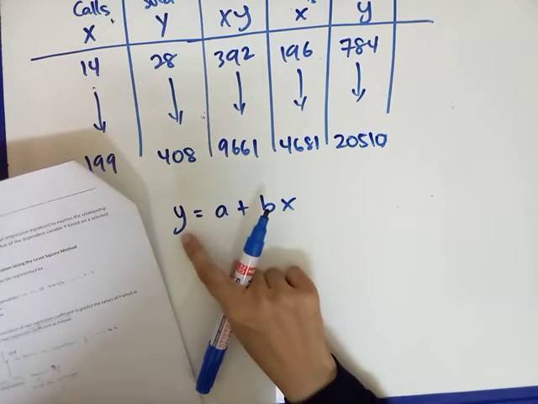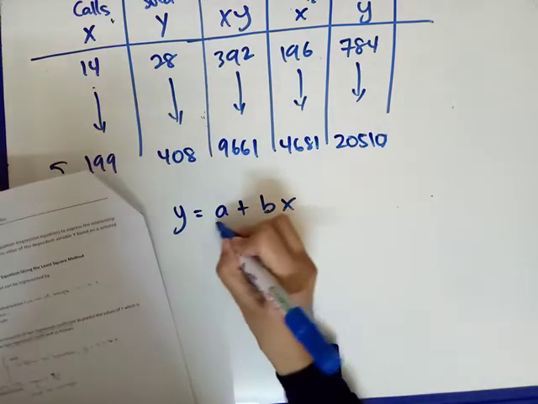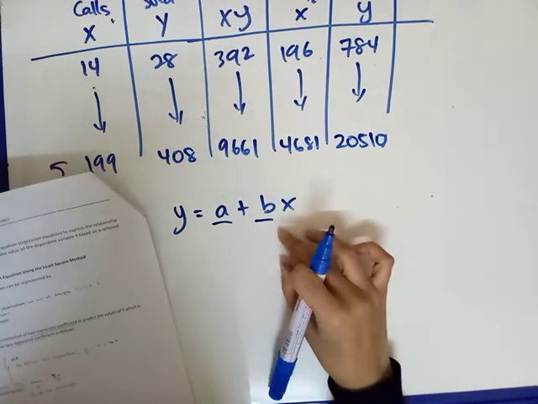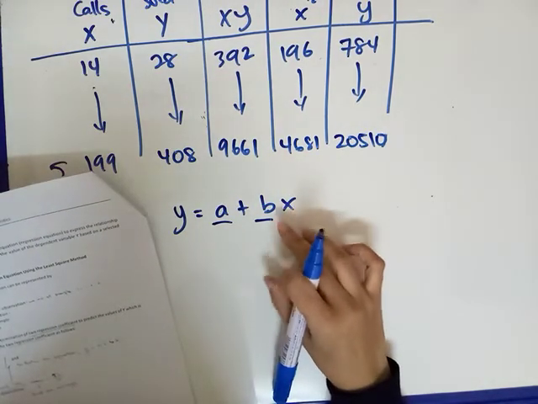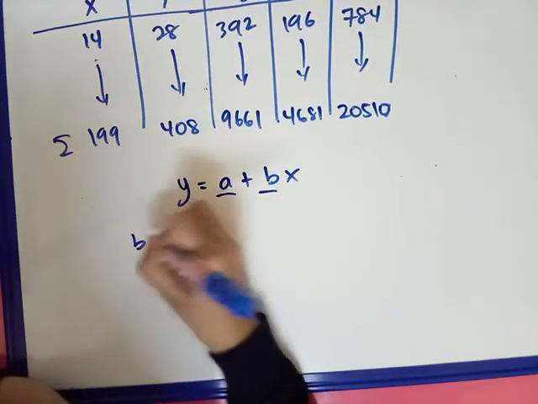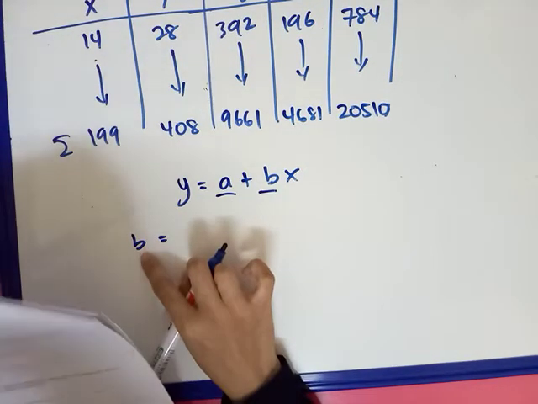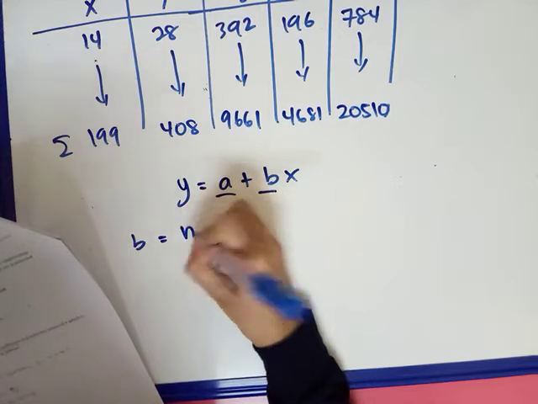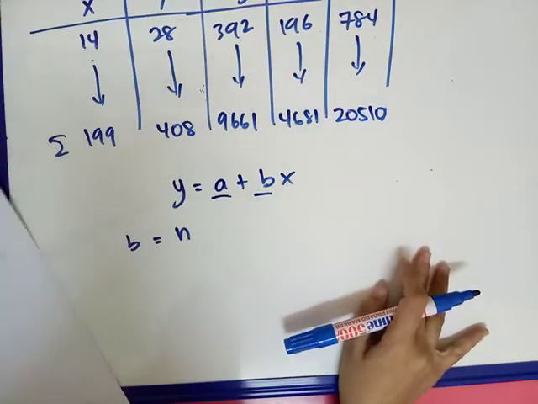Okay, to predict the values of y, we need a and b. So a and b ni adalah two regression coefficients here. Then we need to find the value for a and b by using formula. To get the value b, awak tengok pada notes.